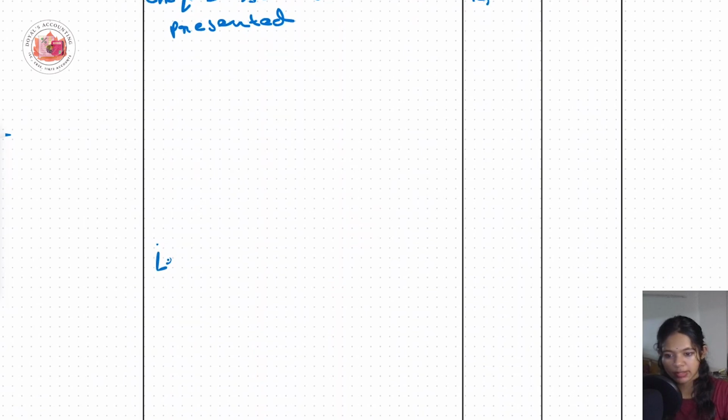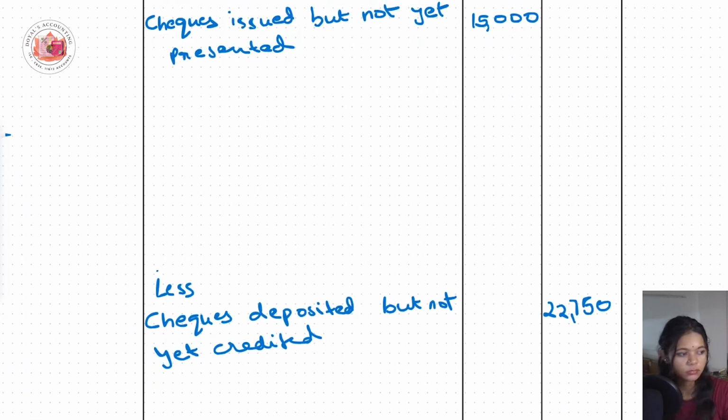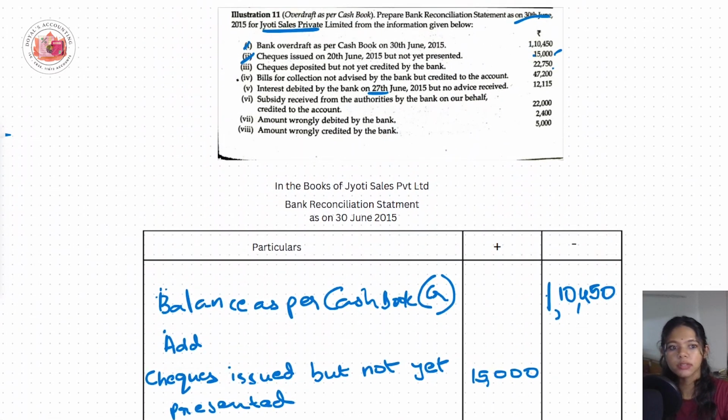Less, checks deposited but not yet credited, 22,750.